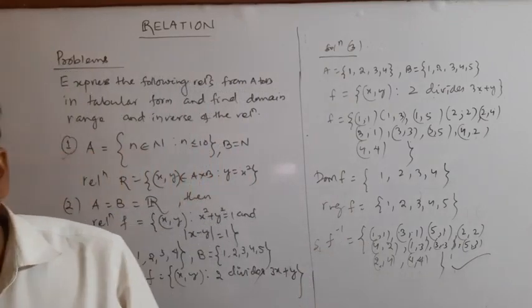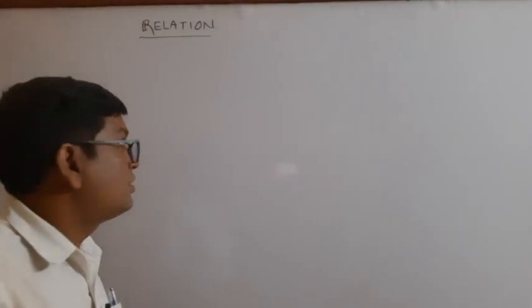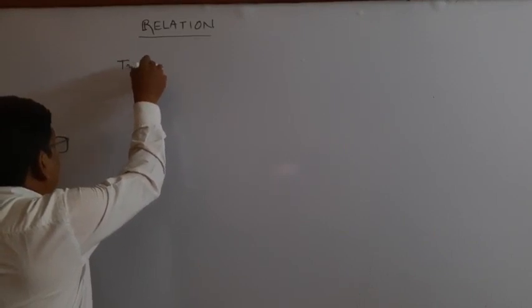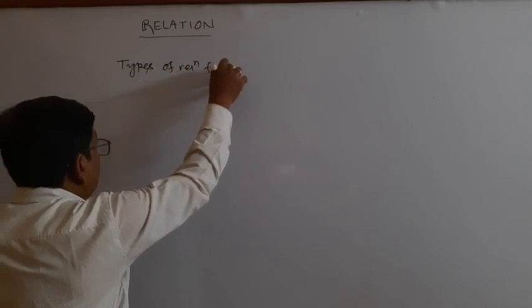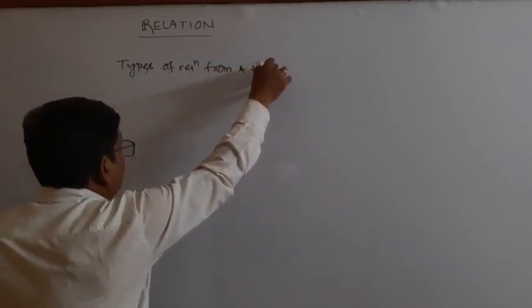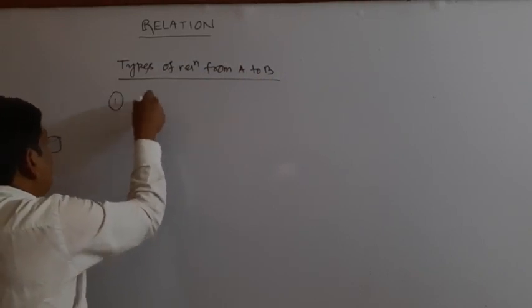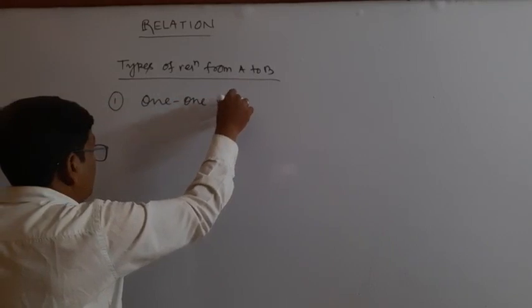Now, types of relation from A to B. Type number 1: one-one relation.